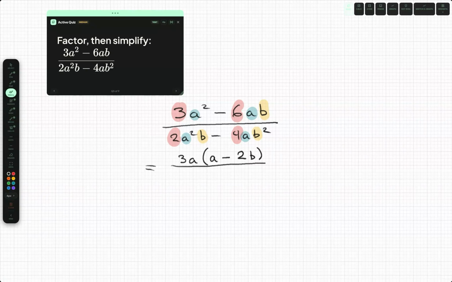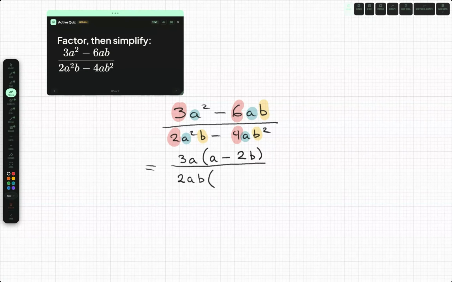So the number we're going to bring up the front here is going to be slightly different. So we'll bring up the 2, we'll bring out an a, the common multiple between a and a squared. The highest common factor is going to be a, and the highest common factor we're going to get between b and b squared is going to be b.